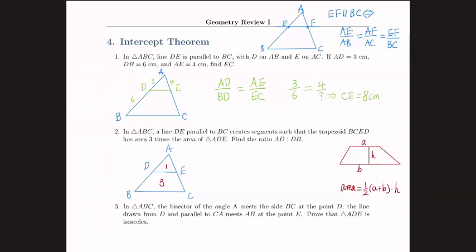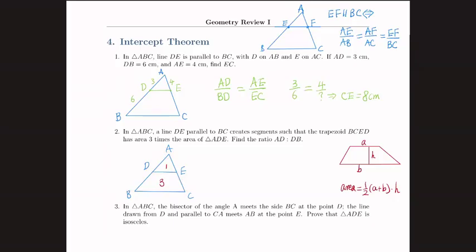Amy, thoughts? How do we use this information? 3 times the area of the triangle. Okay, let me ask you, what's the ratio of this area with the big triangle? 1 to 4.